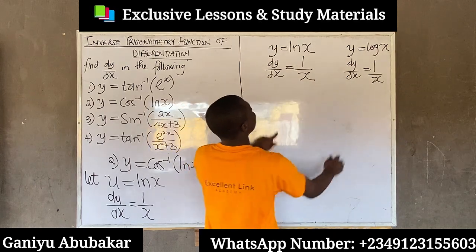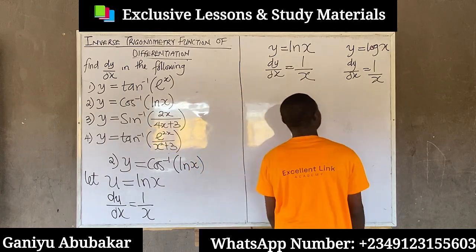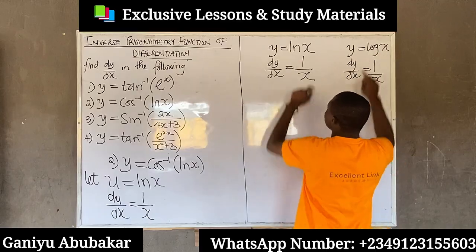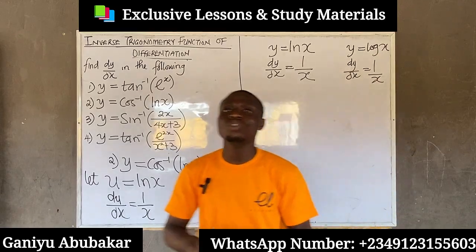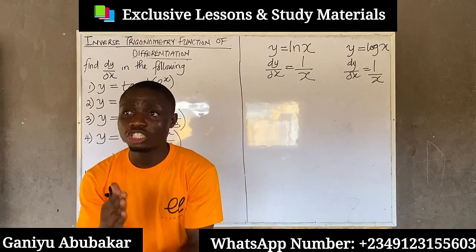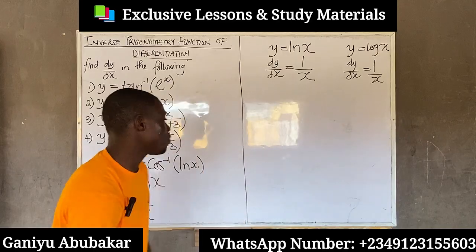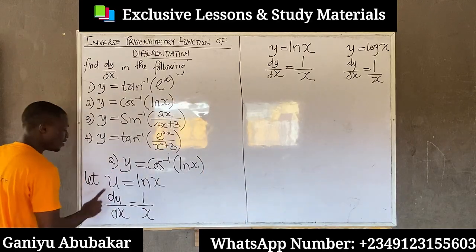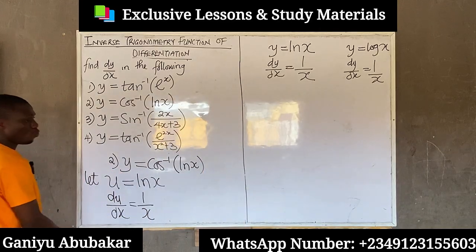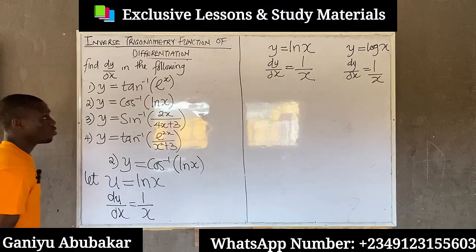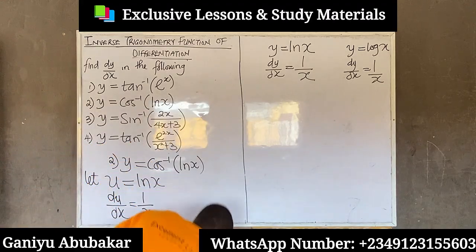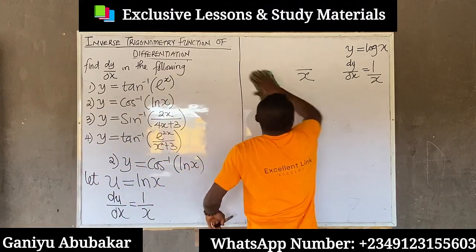Please observe, the answers are the same thing, but I'm having log here and ln. So log and ln are used interchangeably in this concept. So if I'm having ln x here, if I differentiate ln x, I'll have 1 over x.